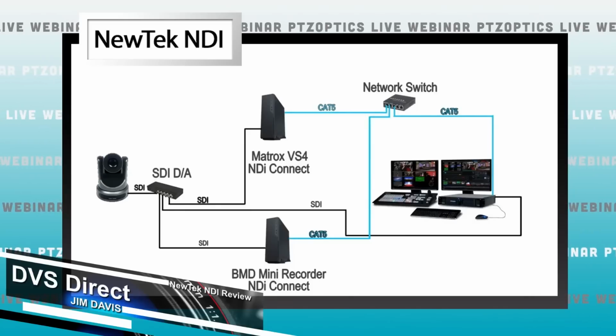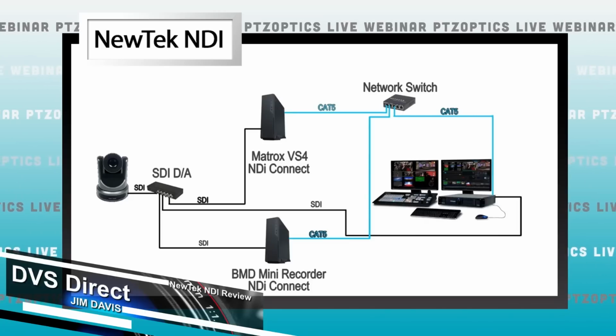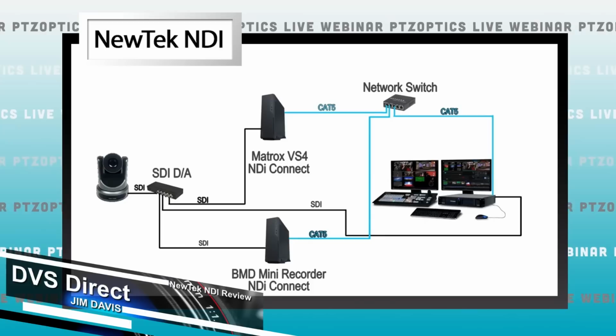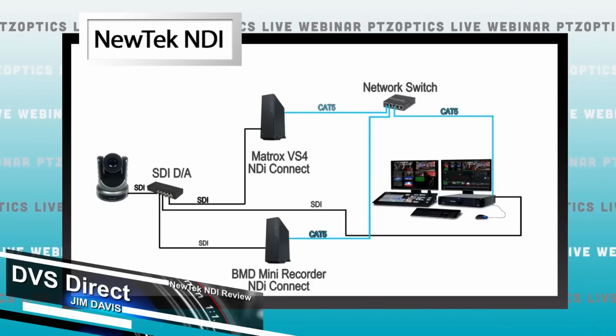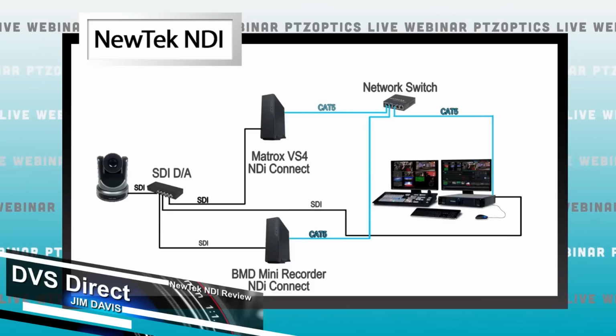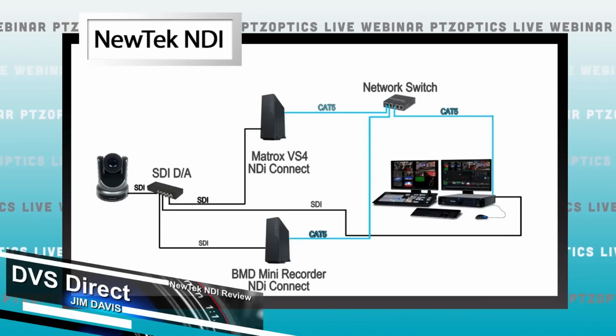What we have is a PTZOptics 20X SDI camera going into a standard SDI distribution amplifier. Coming out of the SDI DA, I'm running one SDI run into a Matrox VS4 card in an NDI capture box that I built.